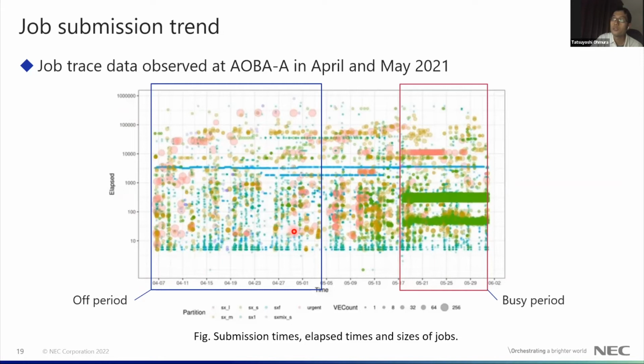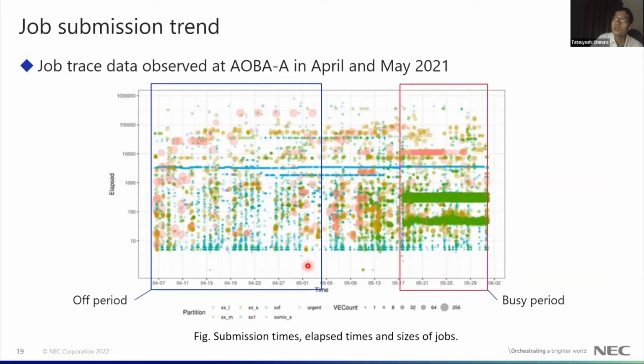One point in this chart is that the trend of job submission in April is different from that in late May. For example, in late May, green jobs were continuously submitted.